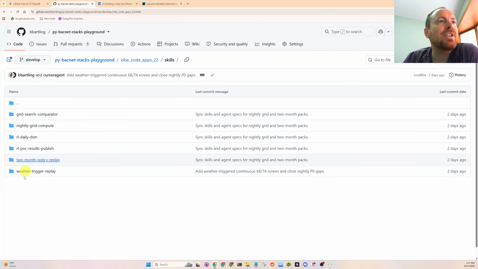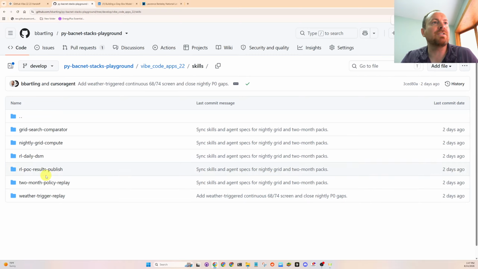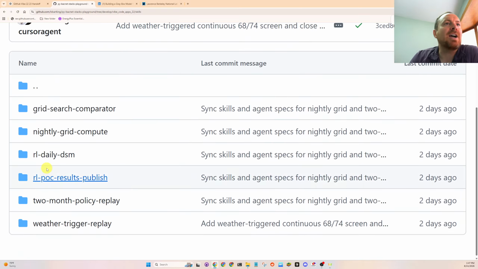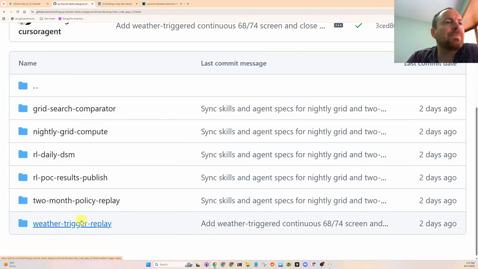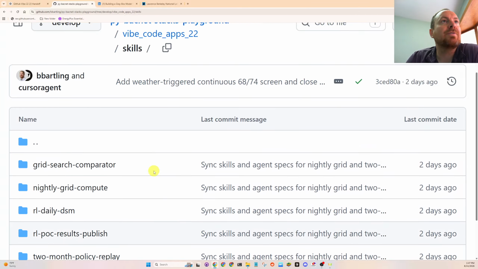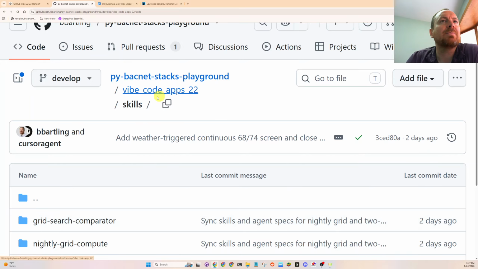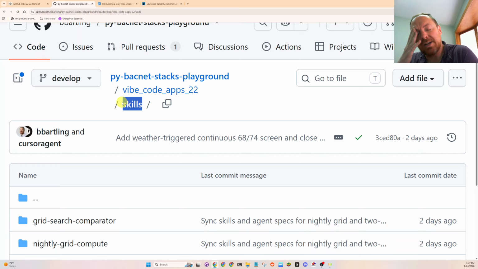So these are AI agent skills in these Vibe Code apps, and part of here is the Python BACnet playground. There'll be a joint skills. I need to start compiling this all into one agent skills file.